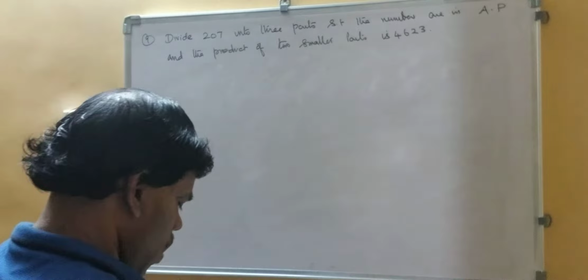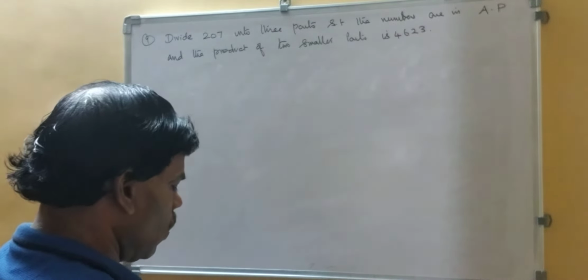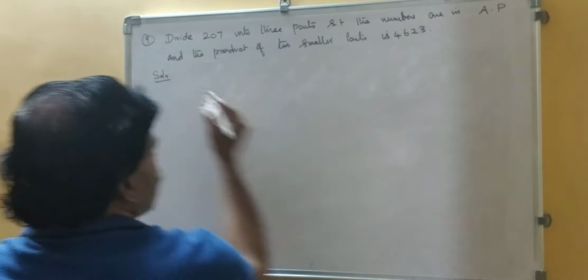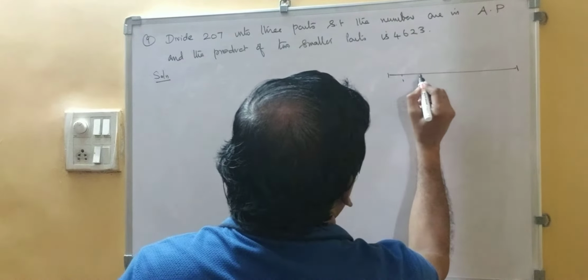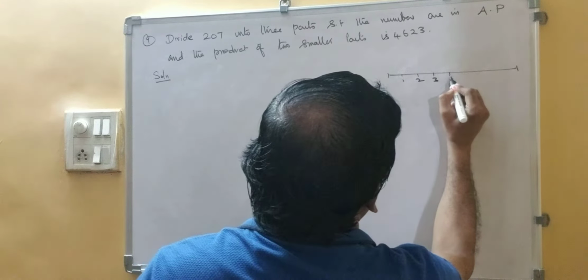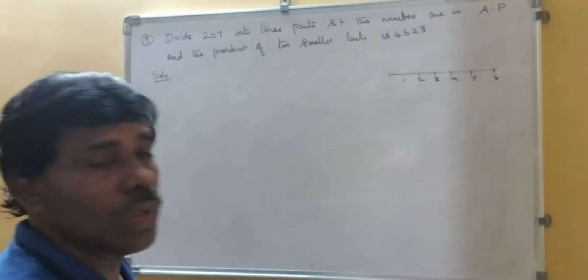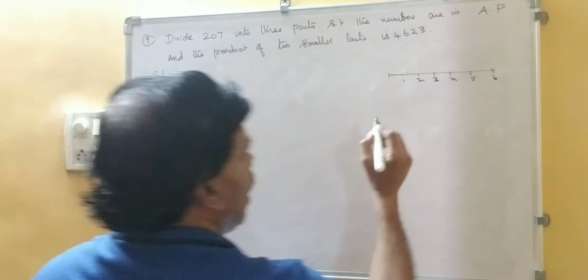Now listen very carefully. You will have to find those 3 parts. For example, I will tell you one small thing. This is 1, 2, 3, 4, 5, 6. 6 centimeters is there. I am making it into 3 parts only.